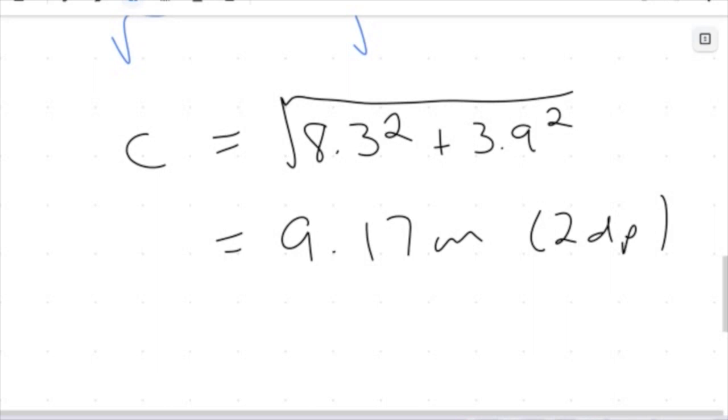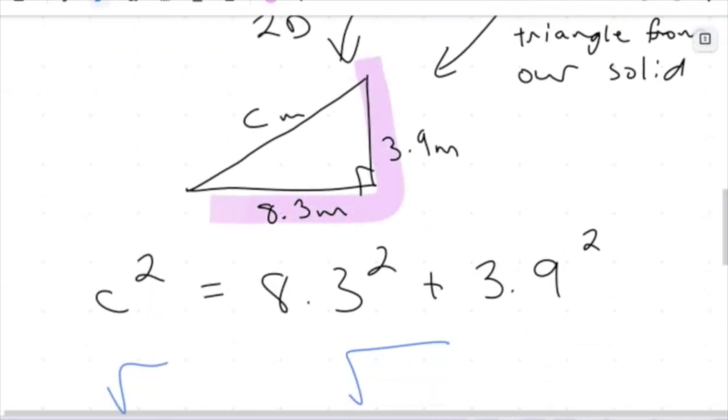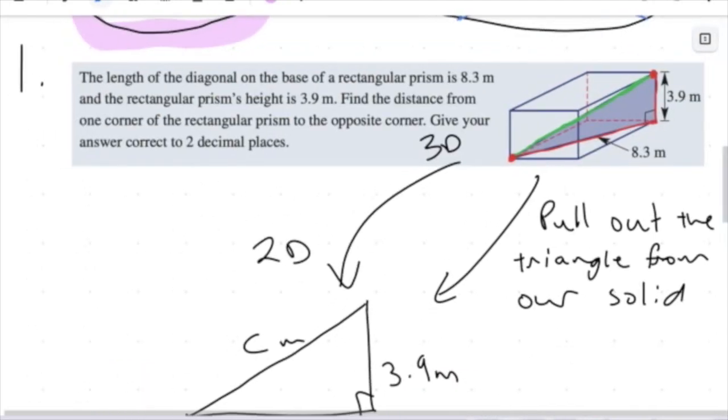And now, just quickly, because anytime we did Pythagoras' theorem and anything else in maths, we want to do a little bit of a sense check. Does our answer, 9.17, make sense? Well, for this 2D thing, it does make sense because our hypotenuse is always the longest side. And 9.17 is longer than 8.3 and it's longer than 3.9.